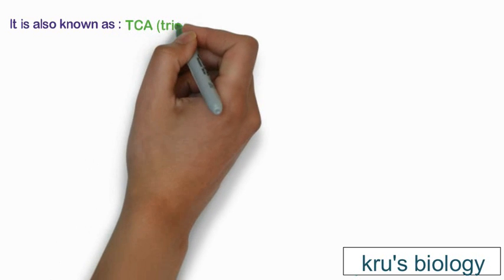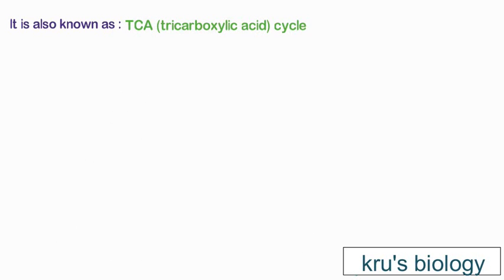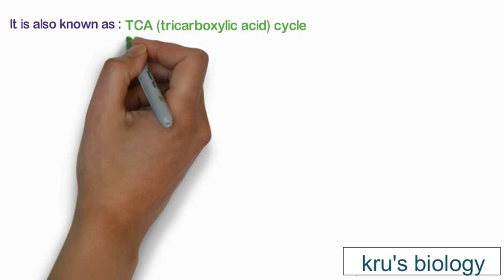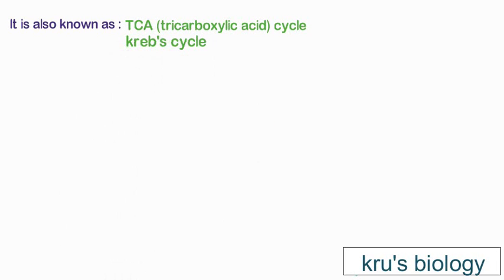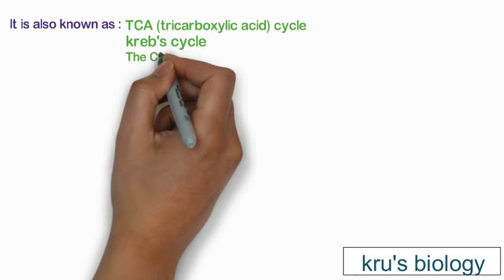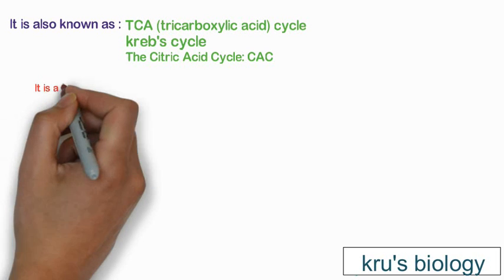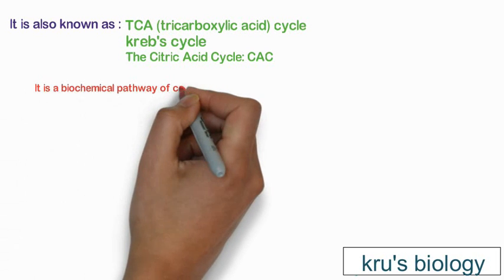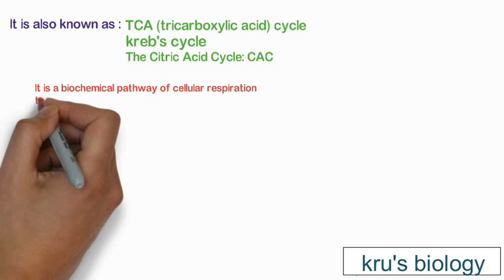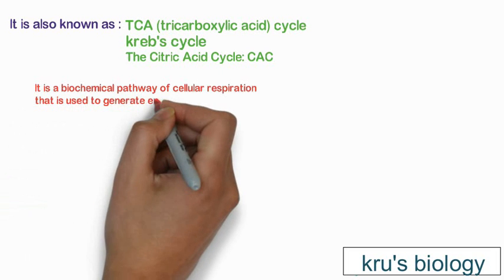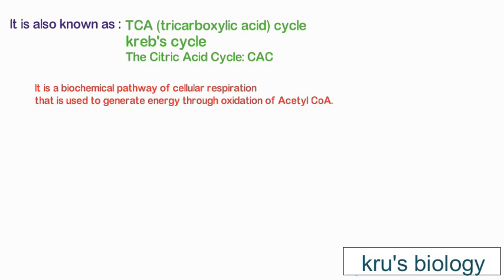Krebs cycle is also known as the TCA, tricarboxylic acid cycle. It is also called the citric acid cycle. Krebs cycle is a biochemical pathway of cellular respiration that is used to generate energy through oxidation of acetyl-CoA.